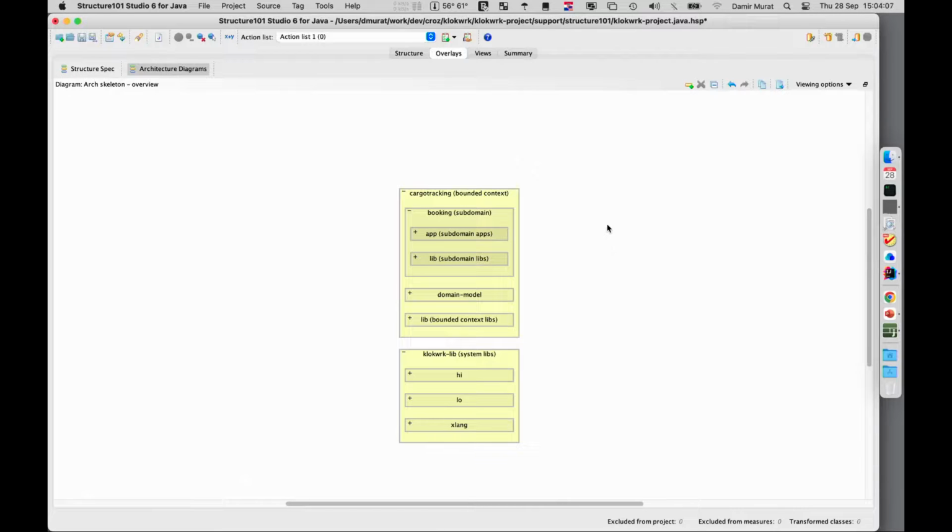Such a thing in this structure will probably be positioned somewhere in subdomain applications. But the details of orchestration logic will not be enough. I'll have to take a peek also at the exact details of domain logic or exact details of business logic, and for those, I will probably look at the domain model. If it is an Axon application, then business logic will be implemented probably in the form of aggregates and maybe value objects.